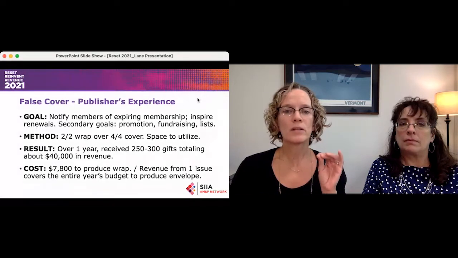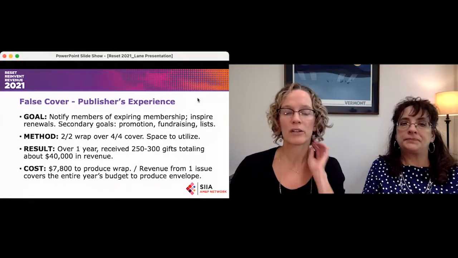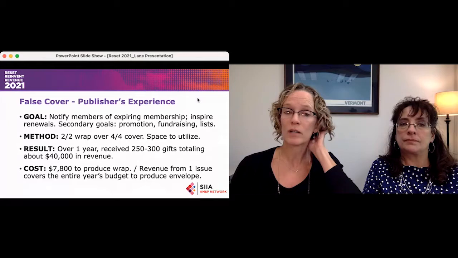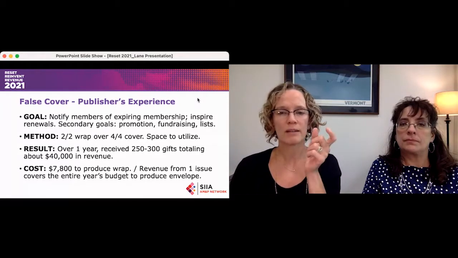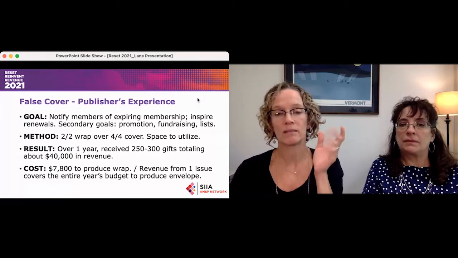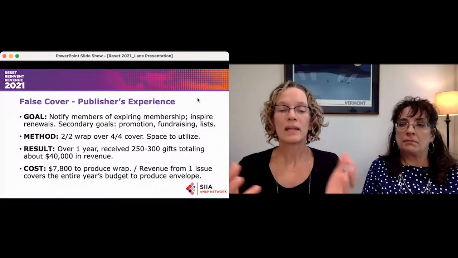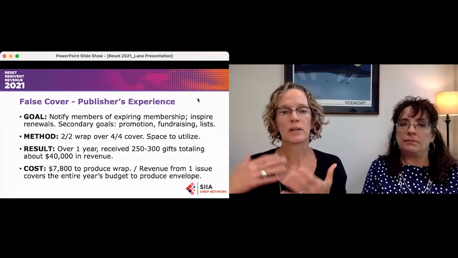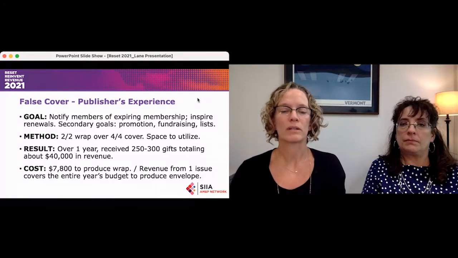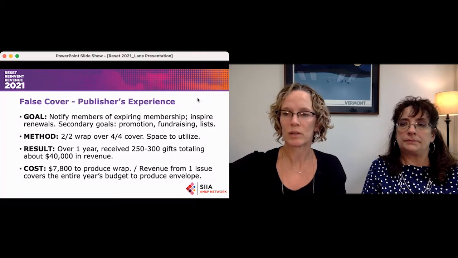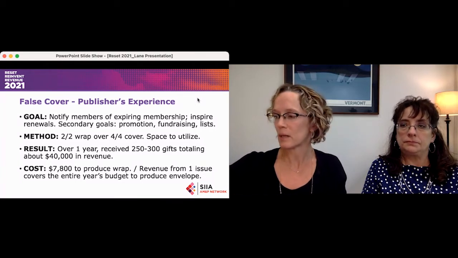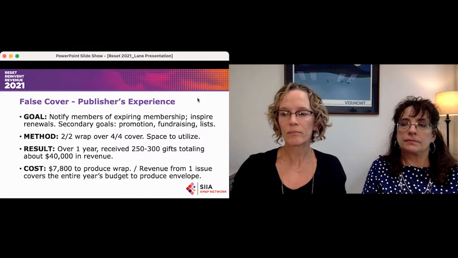And the revenue from one issue covered the entire year's budget to produce their envelope. So that's them, kind of talking about, hey, we brought in more than it cost, but also, it covered our whole year of envelopes, which is a good way for them to think about the cost.